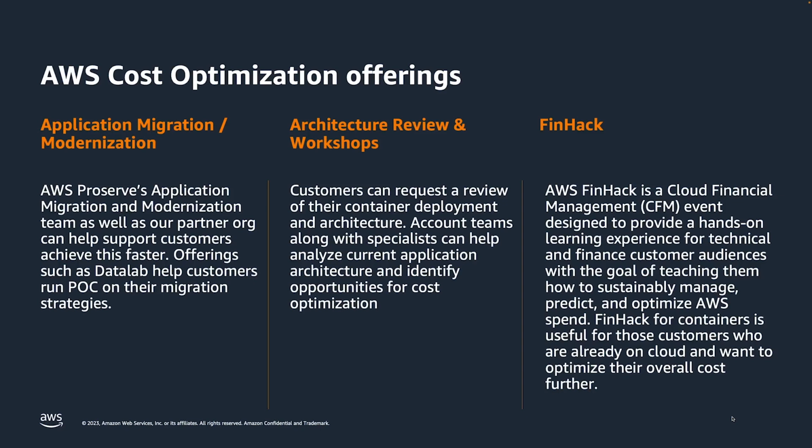There are architecture review workshops. Customers can request a review of their container deployment and architecture. Account teams, along with specialists, can help them analyze their current application architecture and identify any opportunities for cost optimization. And there's also FinHack.